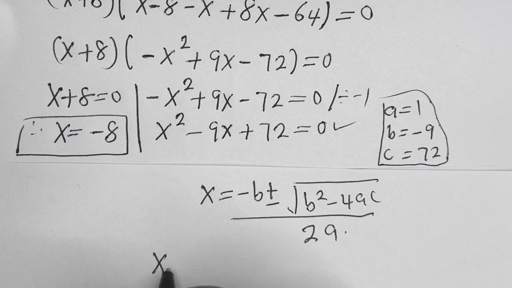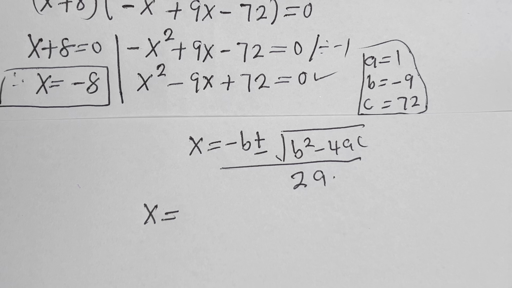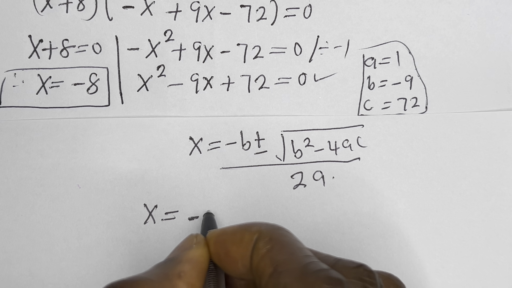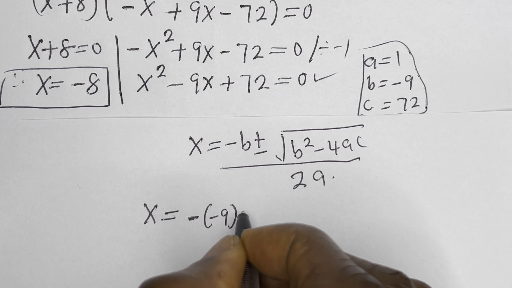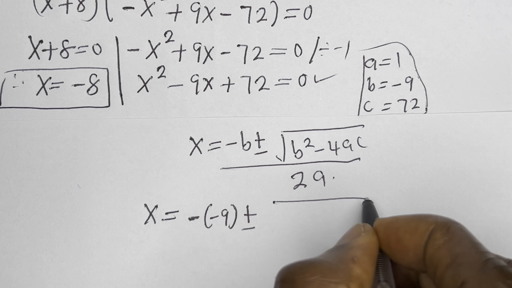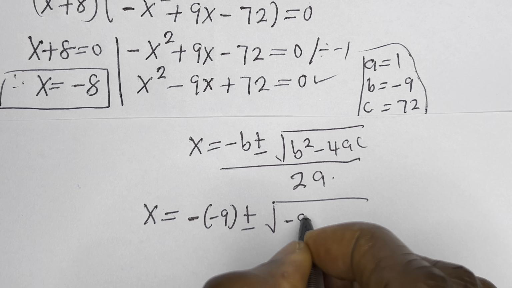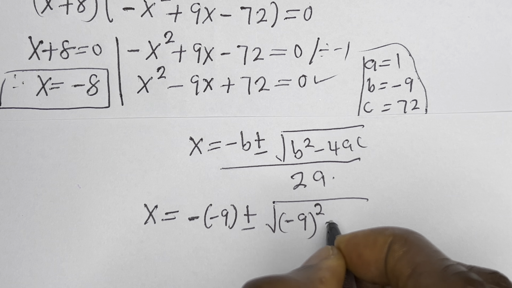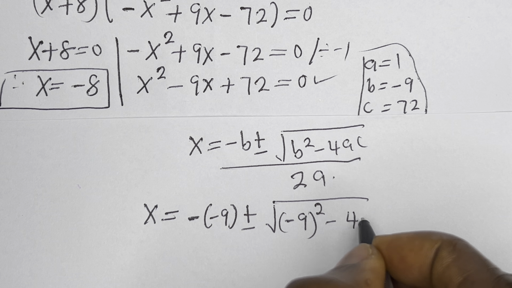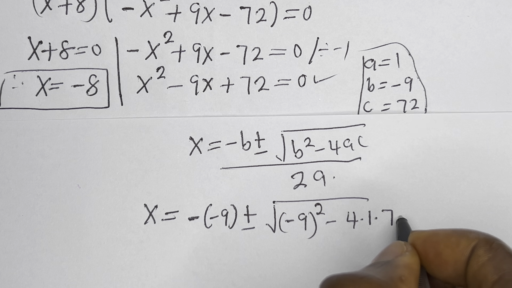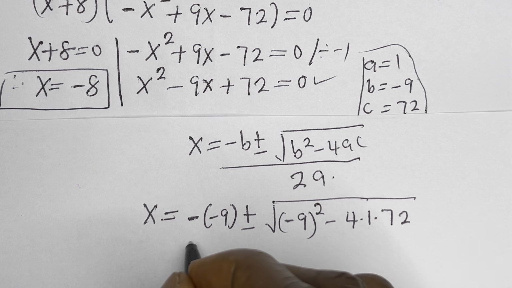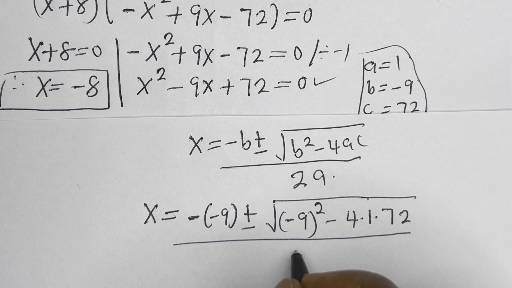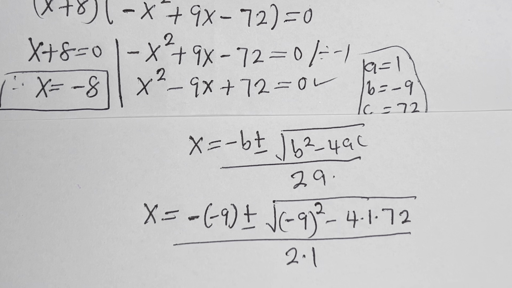Then s is equal to minus bracket minus 9 plus or minus square root of minus 9 square minus 4 multiplied by 1 multiplied by 72 over 2 multiplied by 1.